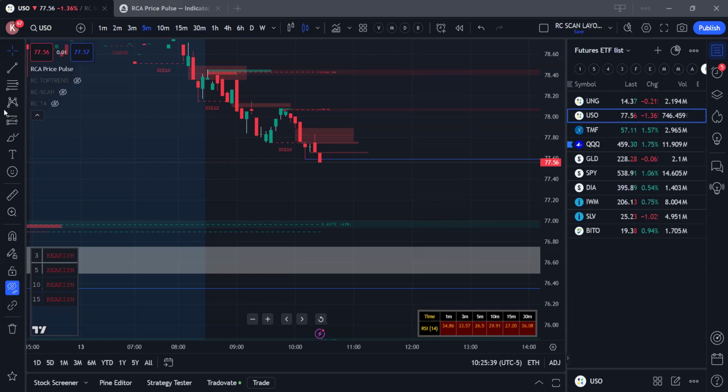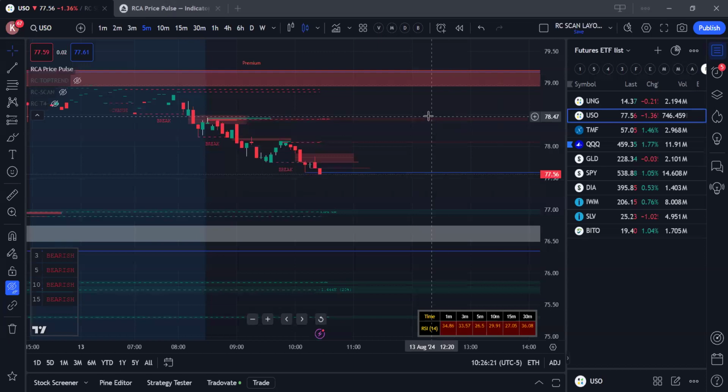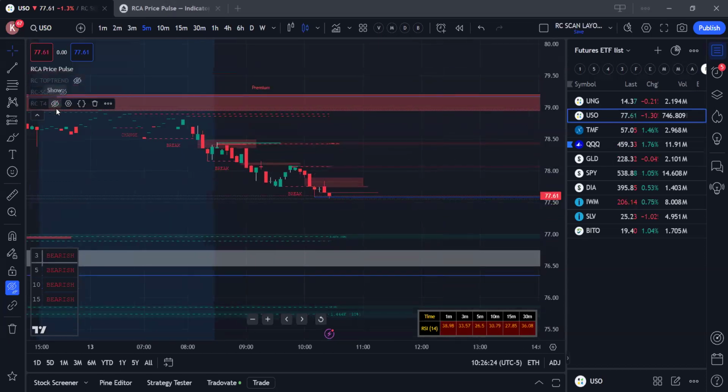So you can get the 77 put for USO for August 16th for around 75 cents.